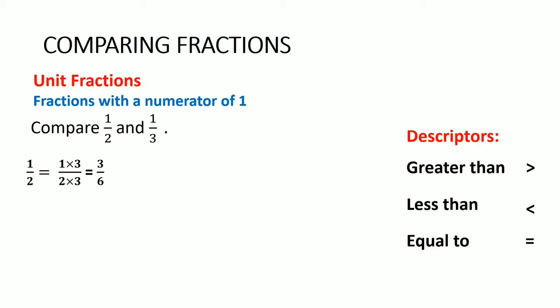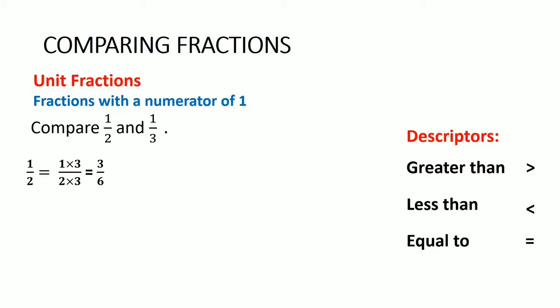That answer is 3. 2 times 3 is 6. And because I multiply by 3 in the denominator, I have to multiply by 3 in the numerator. So a half would be equivalent to 1 times 3 over 2 times 3. And this will give me 3 over 6.